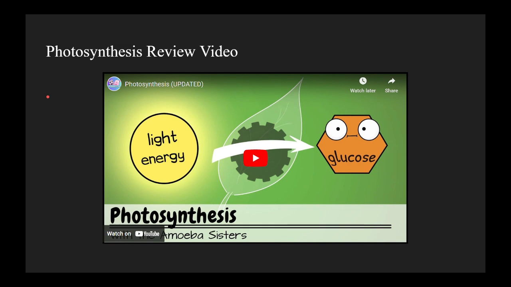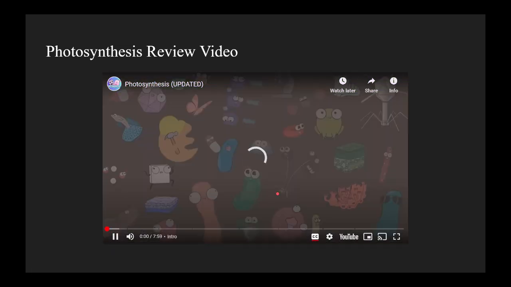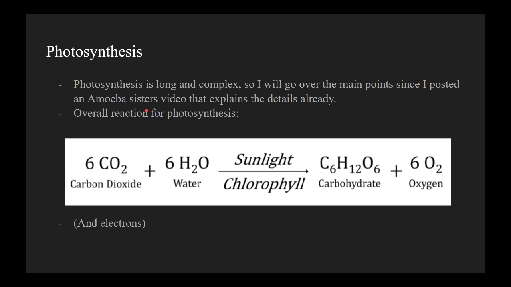I have a review video to watch before looking at the rest of these slides. So hopefully you watched that and you get that photosynthesis is long and complex, so I'll just go over the main points here. One of the most important things is the overall reaction for photosynthesis, which involves 6 CO2, 6 water, and also we need sunlight.